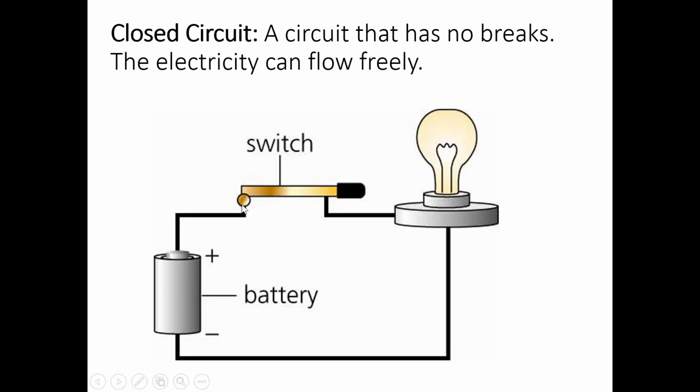It's just like the switch that you switch on to turn your lights on in your house. Okay. So when we close this switch, it allows the electricity to flow. The circuit has no breaks. The electricity can flow freely.